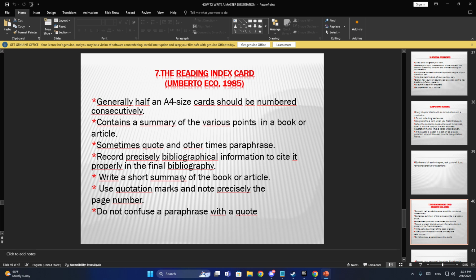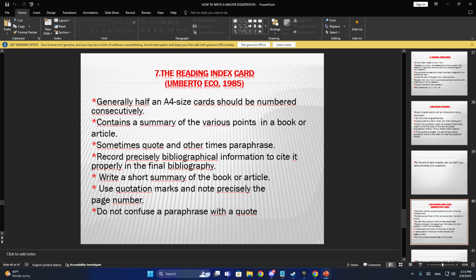Record precise bibliographical information to cite it properly in the final bibliography. So on each card, when you quote or paraphrase from a book or an article, it should be followed by a clear bibliography because you are going to write it later in the final bibliography, references or whatever.